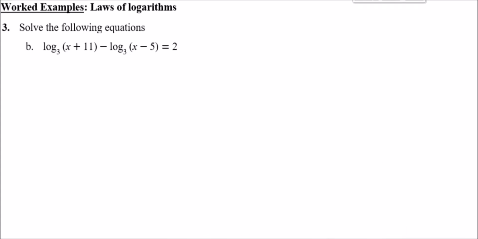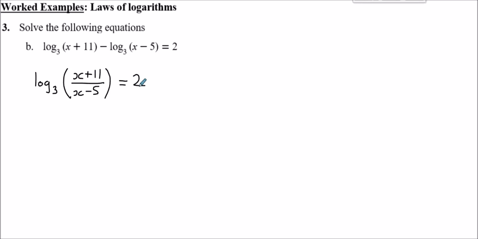Part B. Solve this equation. So this here we combine into one log using the division law. That's the same as log base 3 of this over that. So x plus 11 all over x minus 5 equals 2. And again, from before, I'm just going to put up that other link.